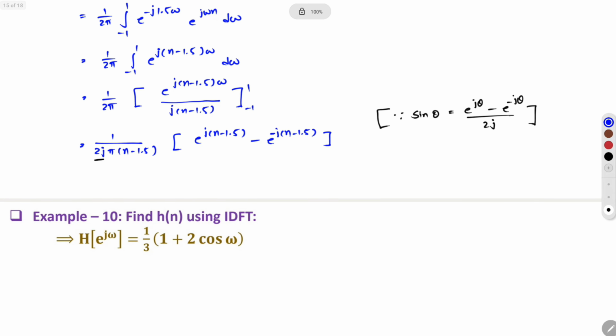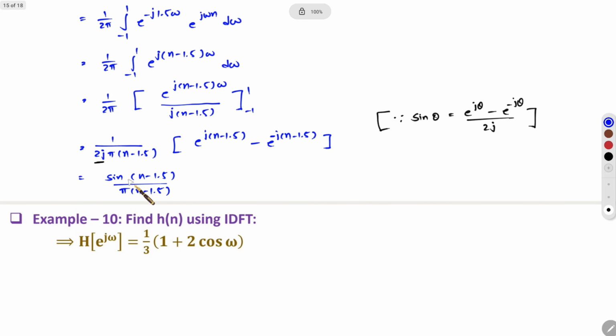So we have the final solution: sine of (n minus 1.5) in the numerator, and since we took 2j, the remaining term is pi into (n minus 1.5) in the denominator. This is x of n, where n belongs to minus infinity to plus infinity.